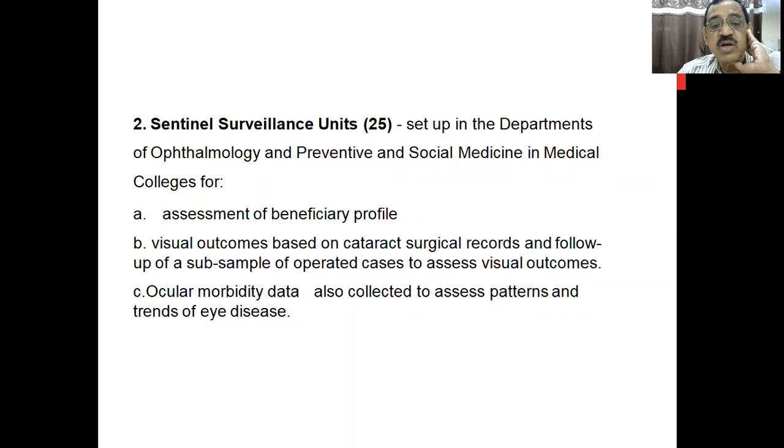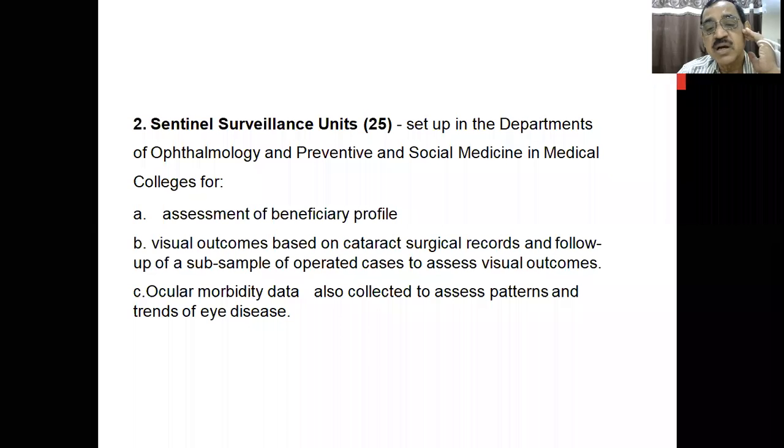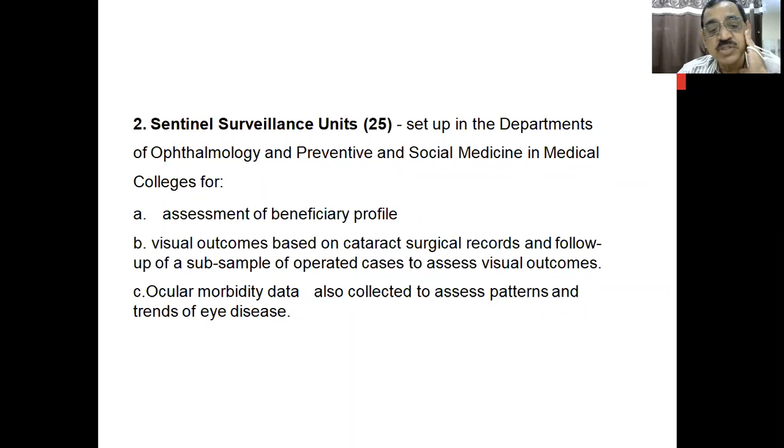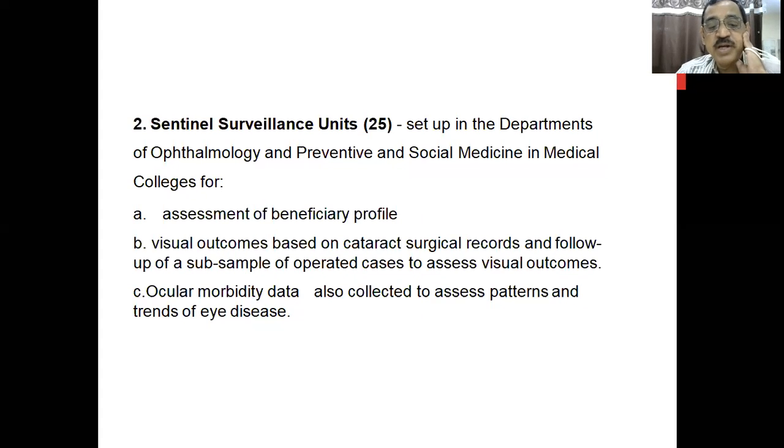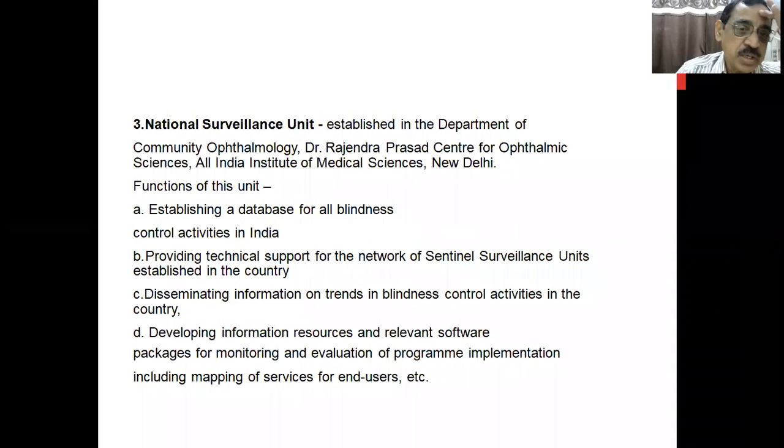And secondly, visual outcomes based on cataract surgical records and follow-up of a subsample of operated cases. Ocular morbidity data was also collected to assess patterns and trends of eye disease. So the sentinel surveillance units were established in the medical colleges in the departments of ophthalmology and also preventive and social medicine, community medicine.